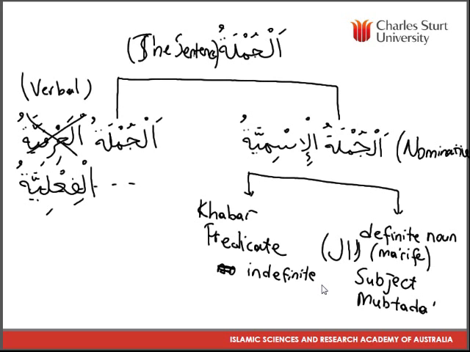The book is new and the pen is old. So look, the structure of the sentence is the same, isn't it? It is always al-kitabu, definite noun, jadidun, indefinite noun, wal-kalamu, definite noun, qadimun, indefinite noun. Is that clear?